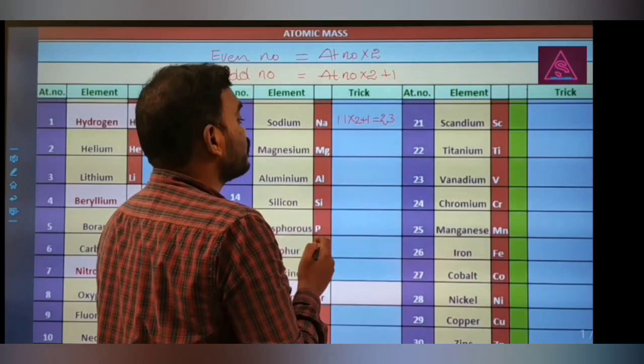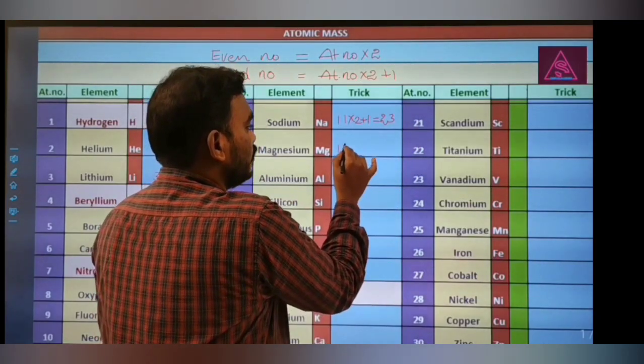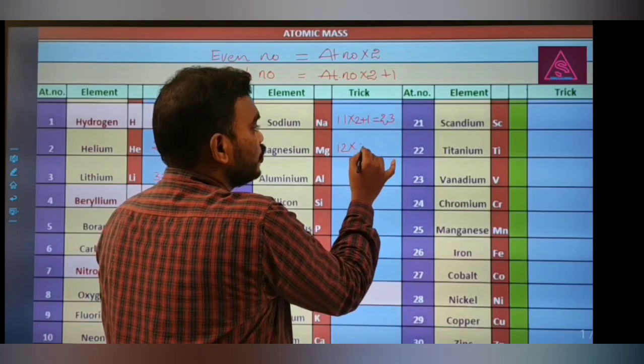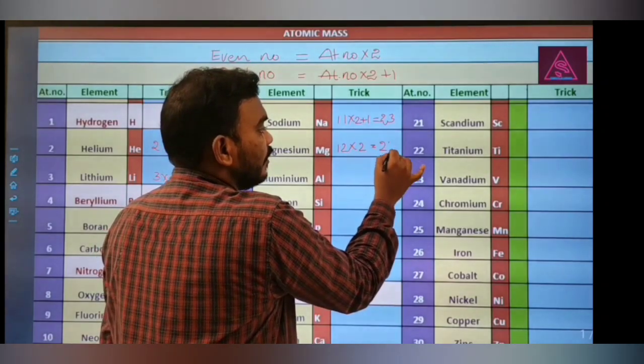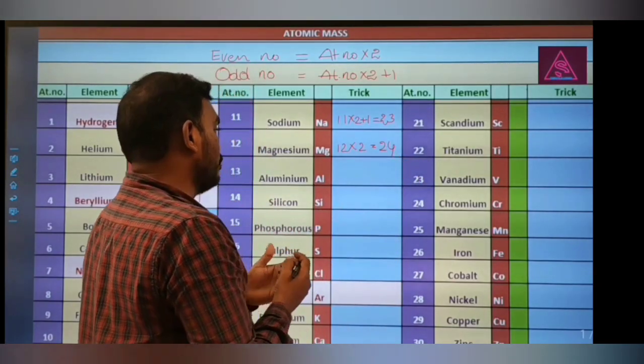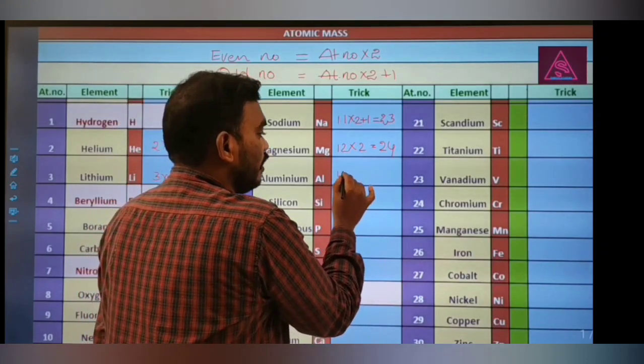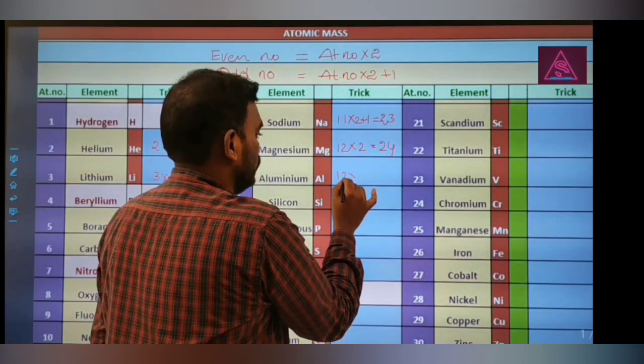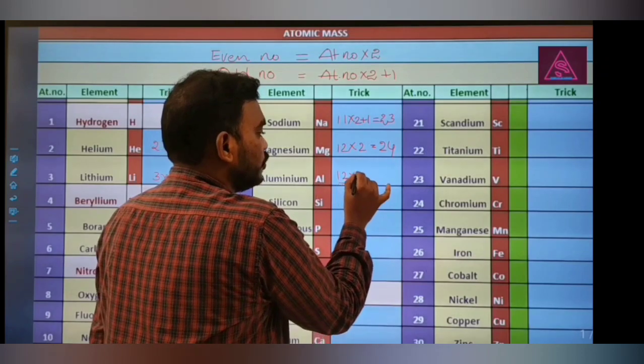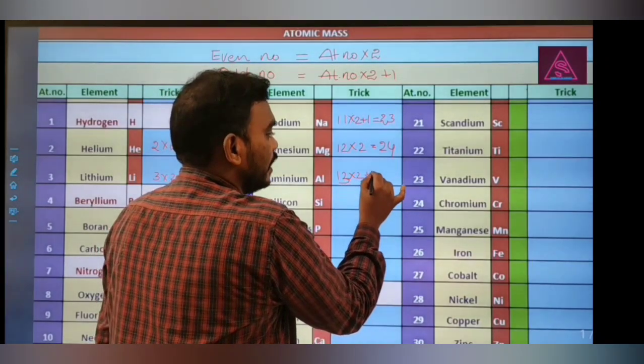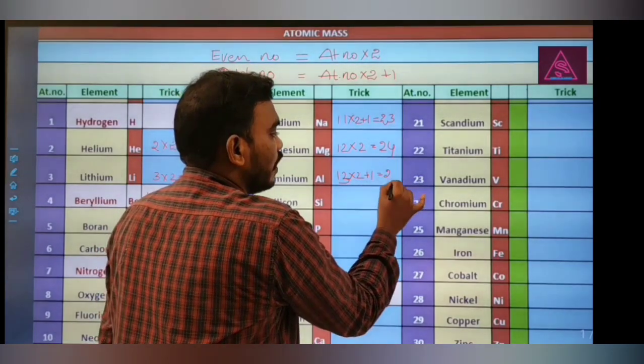Next, magnesium, 12 into 2, that is equal to 24. Next, aluminium is an odd number, 13 into 2 plus 1, that is equal to 27.